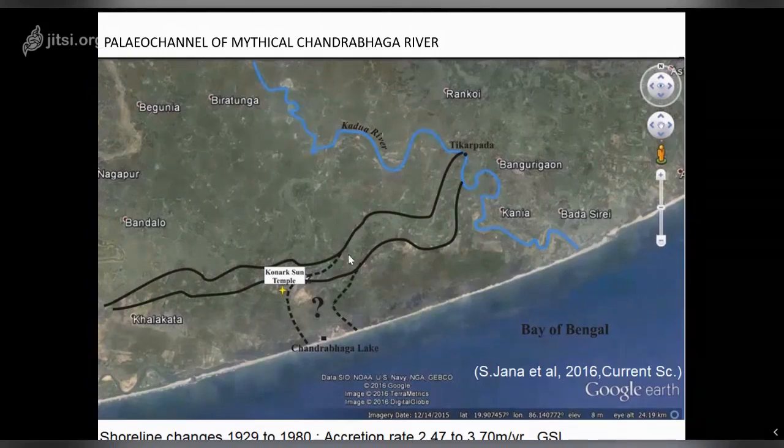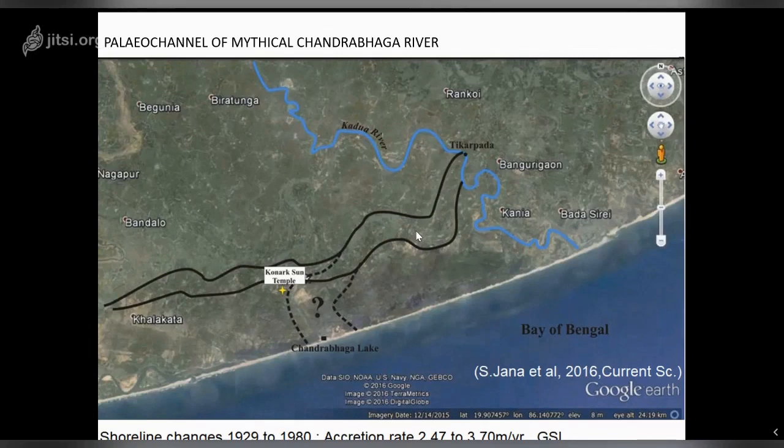It is their conjecture that this could have been the course of the river which meets the sea here. But otherwise, this part is very well established. This meander has been very well established, and there is no doubt about it, because they have also seen a V-shaped valley in the ground penetrating radar. That settles that the Chandrabhaga River has been discovered.